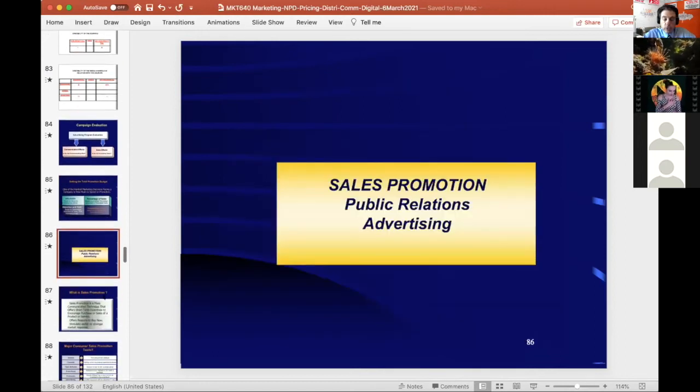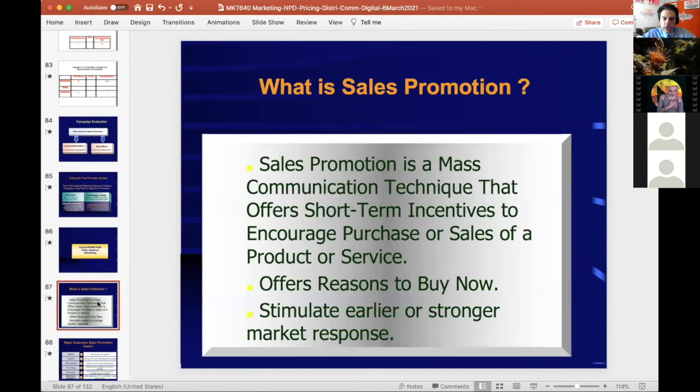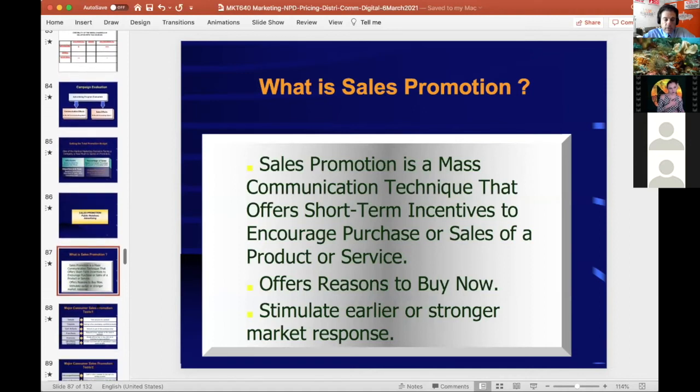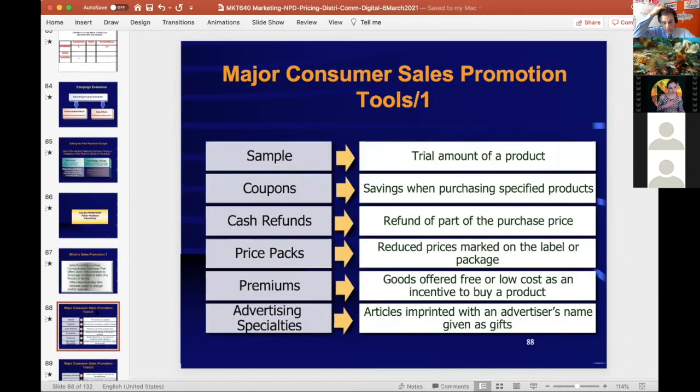Now, I talked about sales promotion, which is the idea that you will have short-term incentives in order to encourage sales. So 2 for the price of 1, 50% off, some game or something like this. These will help. Here are some examples. Cash refund, coupons, all of these are sales promotion methods.